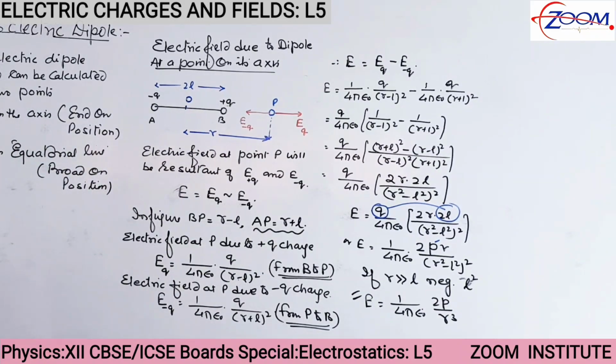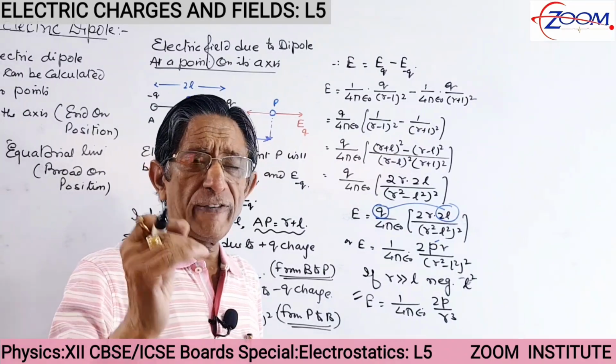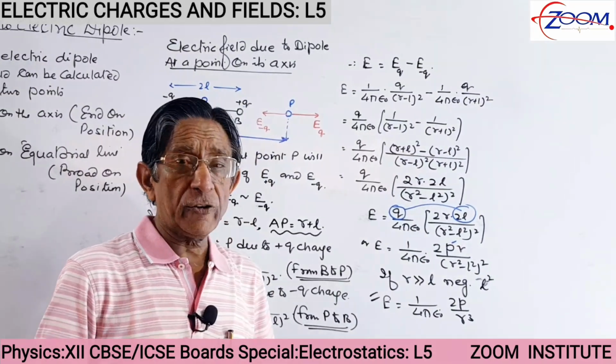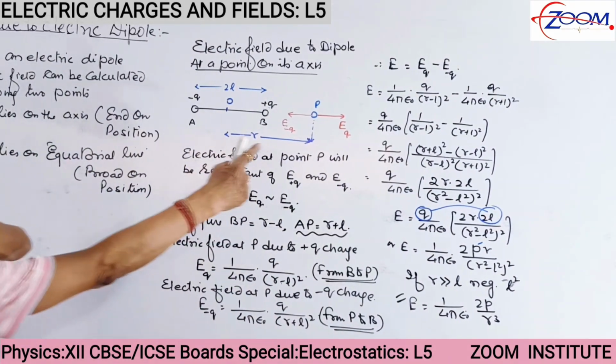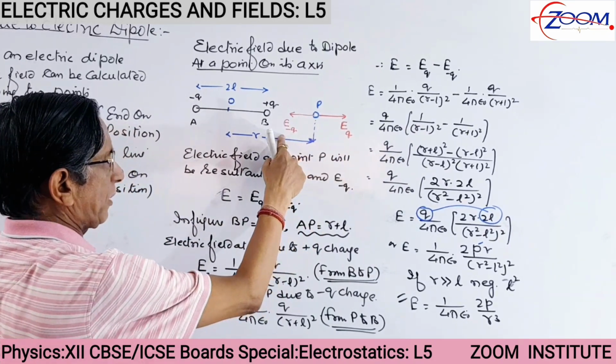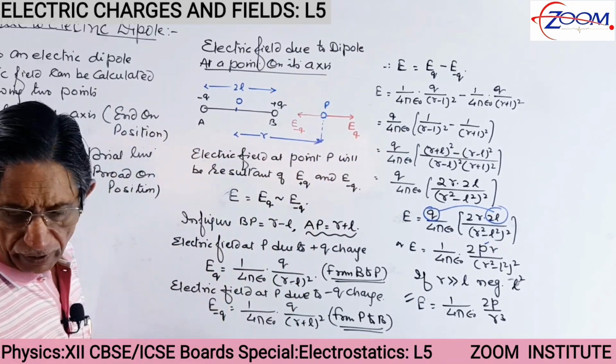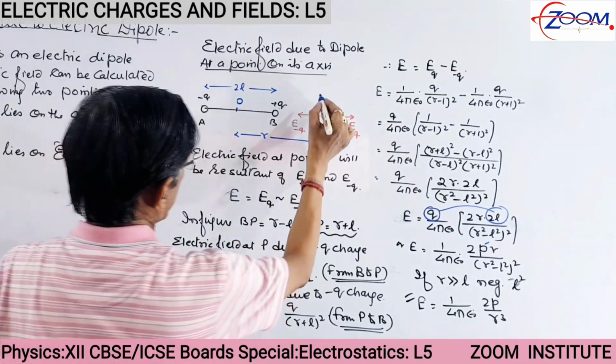Students, electric field is a vector quantity. So now we have to give the direction of electric field. What will be the direction of electric field? You see here, I have told you the first electric field EQ is greater than minus EQ. That's why the resultant electric field will have the direction that is this one.